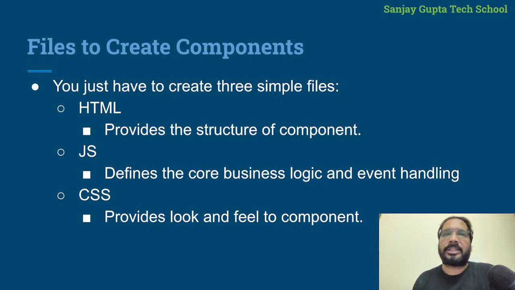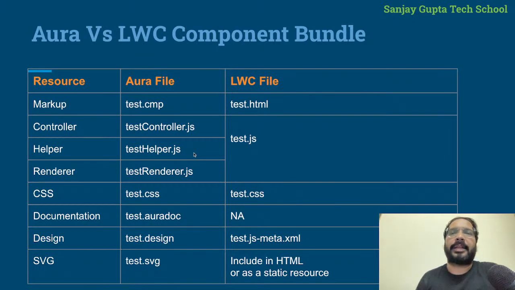And the third, we have CSS, which provides look and feel. If you want to apply any styling, you will be using the CSS file here, right? So these are the files, and this is the comparison which is important for you. I hope those who are watching this session live, or those who will be watching the recording, have gone through last week's session, where we discussed Aura component and saw these 8 files.